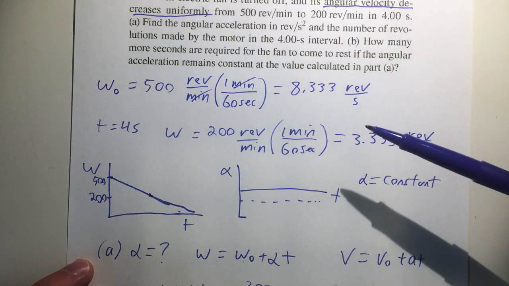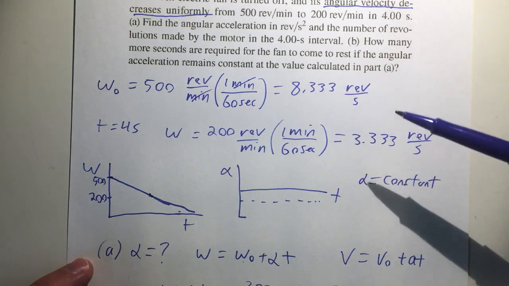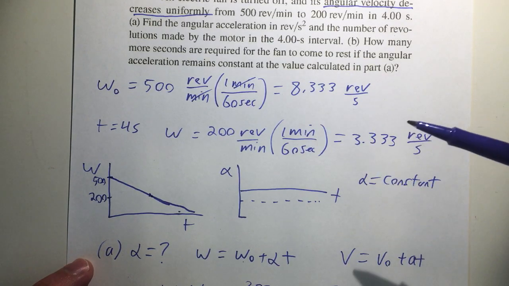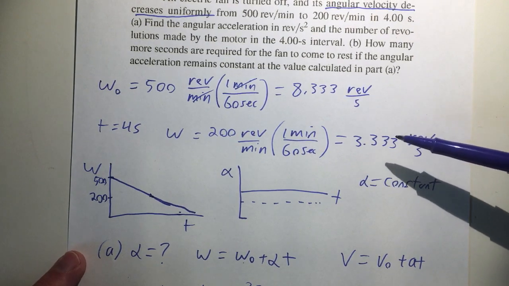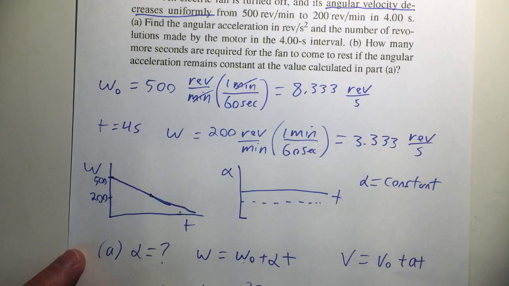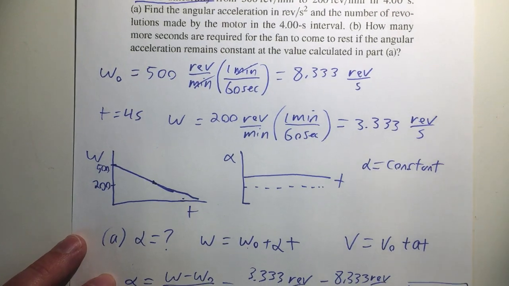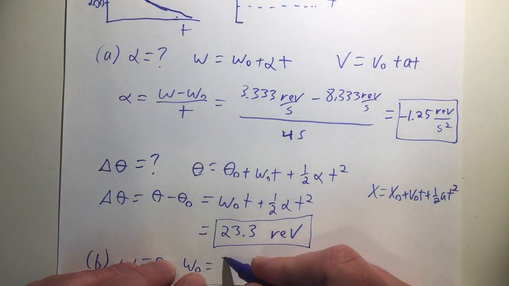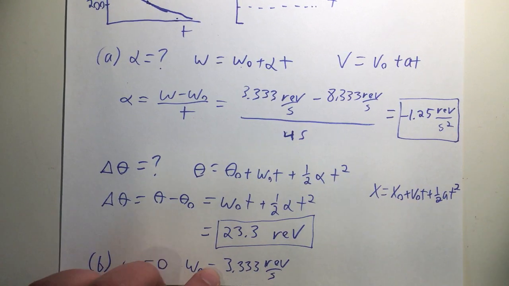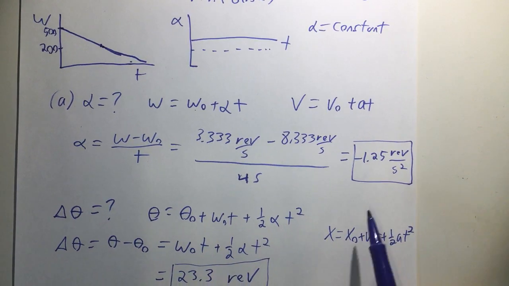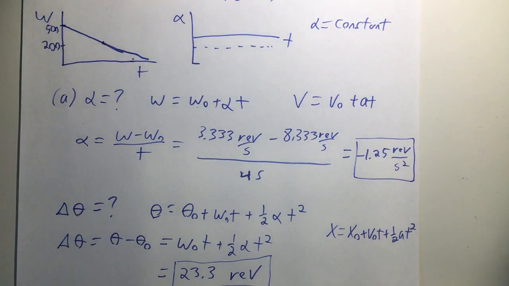So during the first 4 seconds, we decreased from 8.33 to 3.33, and now that we're at 3.333 revolutions per second, it's asking how long is it going to take to get down to 0, right? So now my initial angular velocity is going to be 3.333. Okay, and it wants to know just time, keeping in mind that our acceleration we know is minus 1.25.